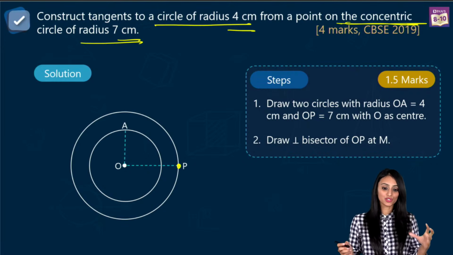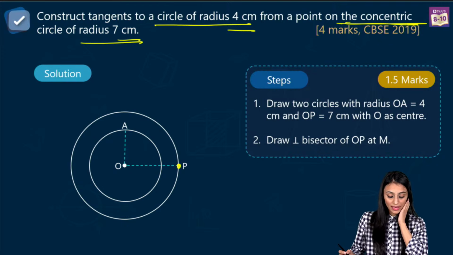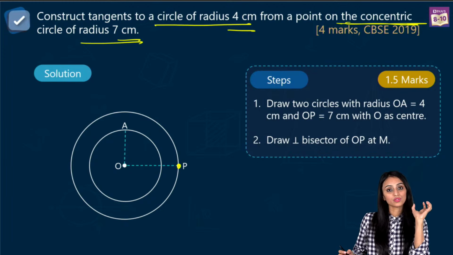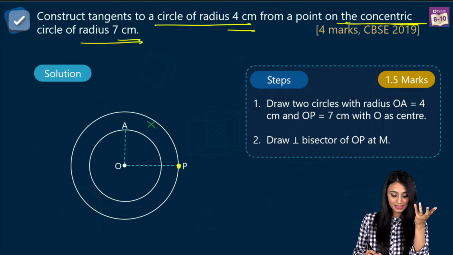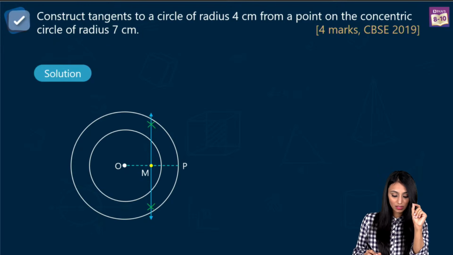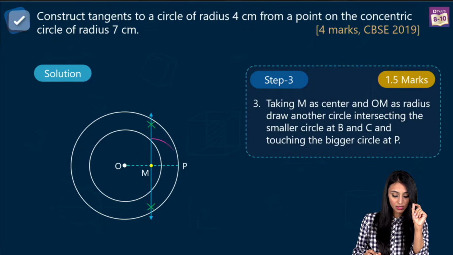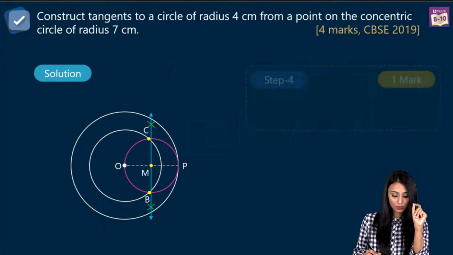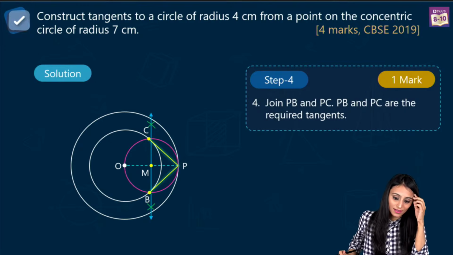You have to draw the tangents to the smaller one. So we join OP, which is already joined. Take the perpendicular bisector of it, right? You have the midpoint, put the compass needle at M, radius as OM, draw a circle. You will see that it is intersecting the smaller one at B and C. Now you draw the tangents. That's it.